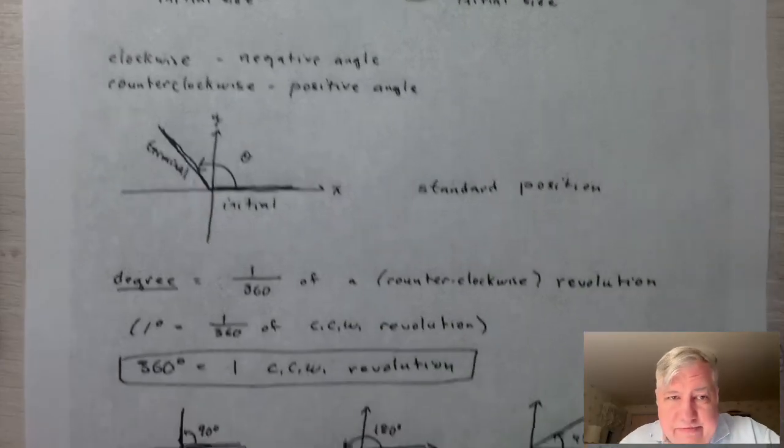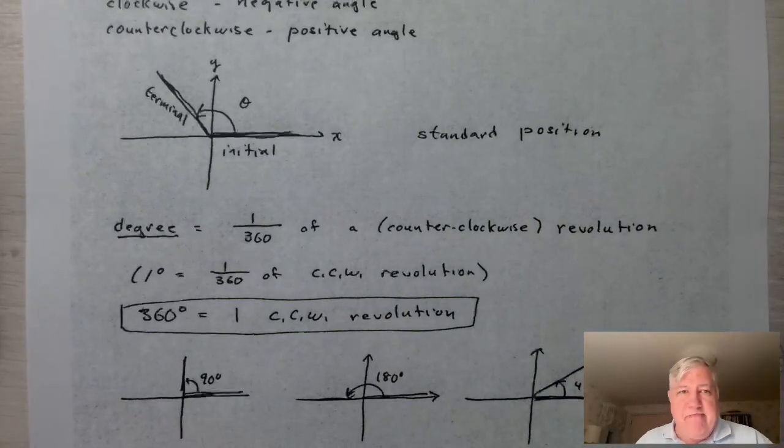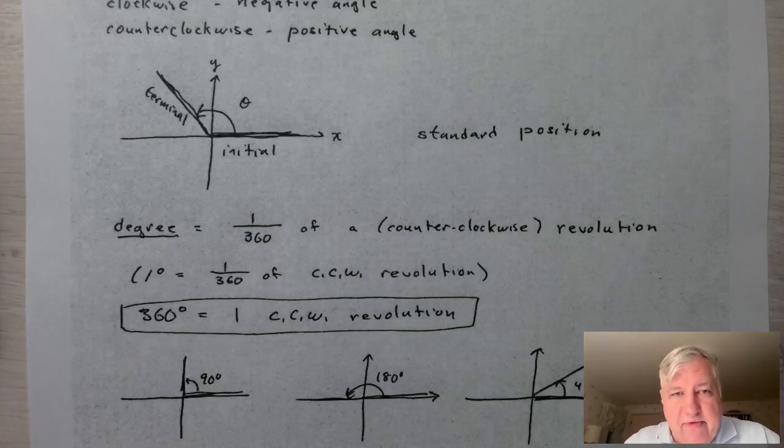All right, so now we want to talk about what units we use to measure angles, and I'm pretty sure you've already heard of one of them, which is degrees. A degree is defined to be 1/360th of a revolution.